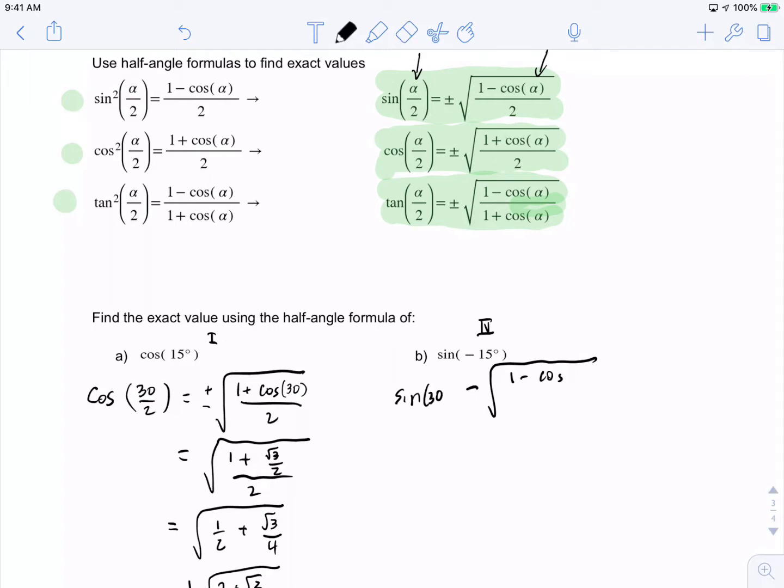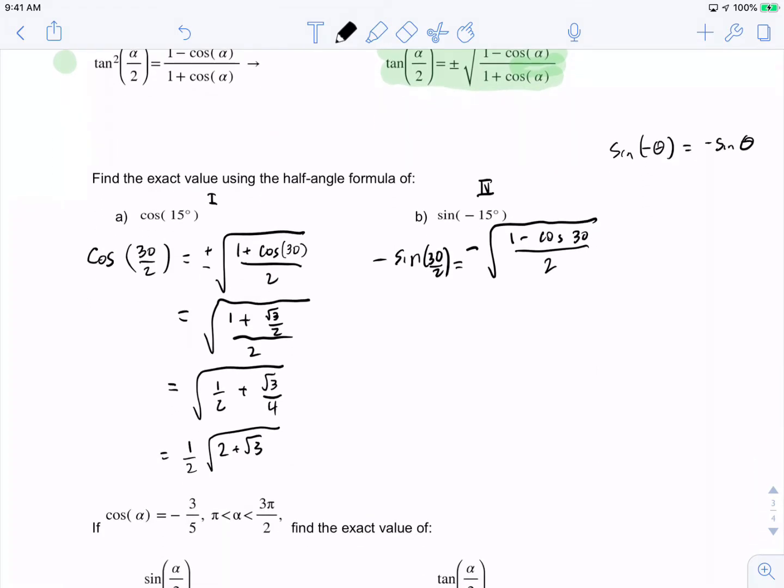So this will be 30 over 2 with a negative out front, and the reason is because sine is an odd function, so sine of negative theta is equal to negative sine theta. That's one of the things I covered earlier on.